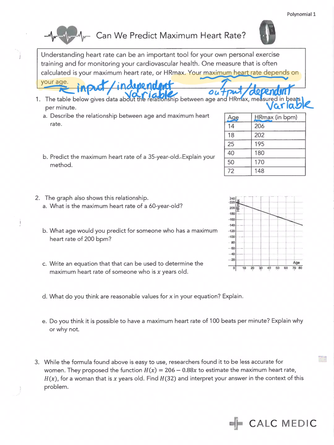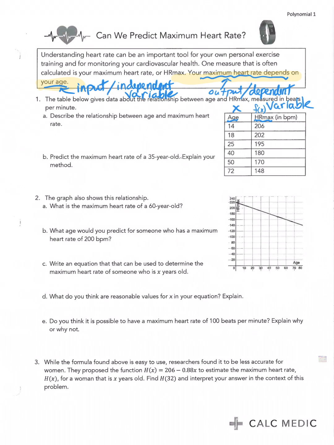So now as we get this table here, we need to look at that. We know age is our independent variable. That's almost typically always x. Our heart rate in beats per minute, that's BPM, is our output, which we are not going to call y. Since we're looking at a function, we are going to call this f of x.